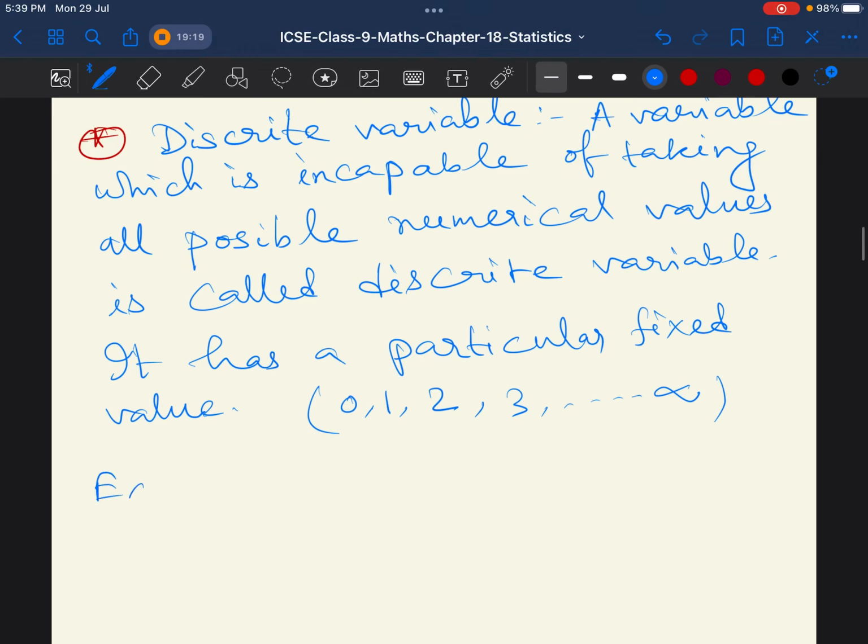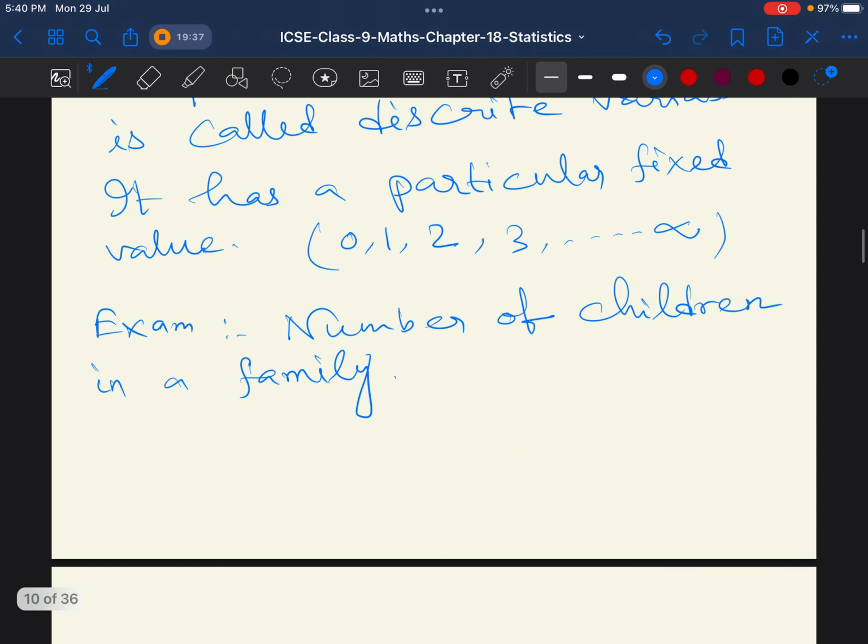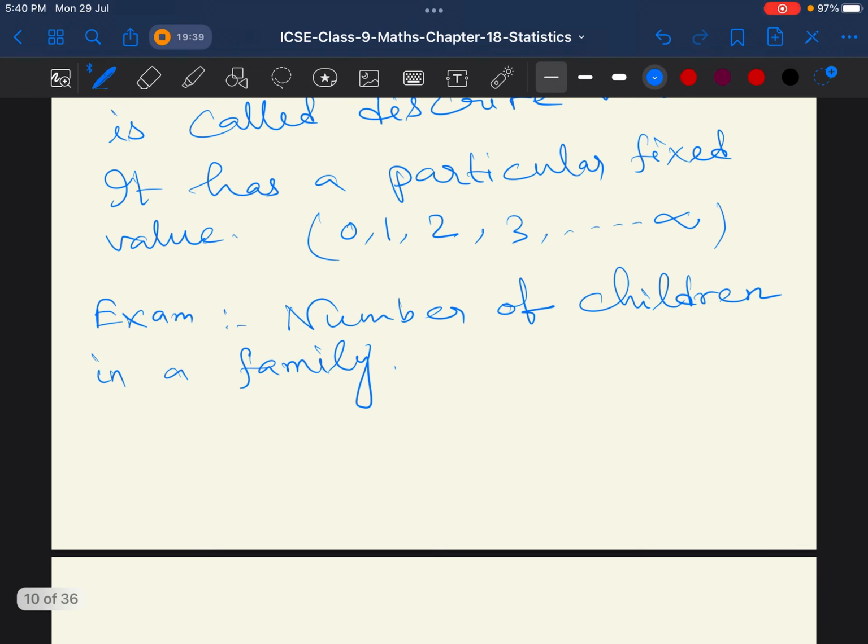Suppose an example, the number of children in a family. This can be 1, 2, 3, and there is no fixed value between 1 and 2.